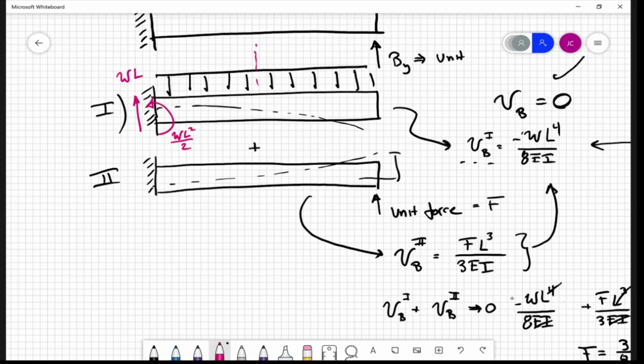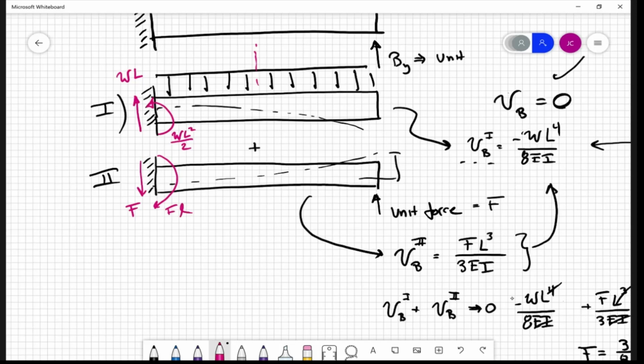In this case, the shear force is going to be F acting down, which we know is 3/8 WL. And then the moment that goes this way will be F times L.